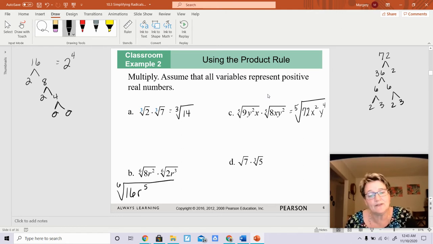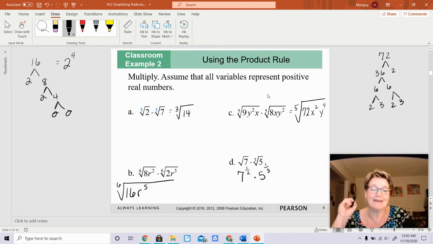Now this one's a little different. The radicals do not have the same index. So this is going to be 7 to the 1/2 times 5 to the 1/3. Now, I cannot use the rules for exponents because my base is 7 and the other base is 5. So there's really nothing for me to do on this problem.